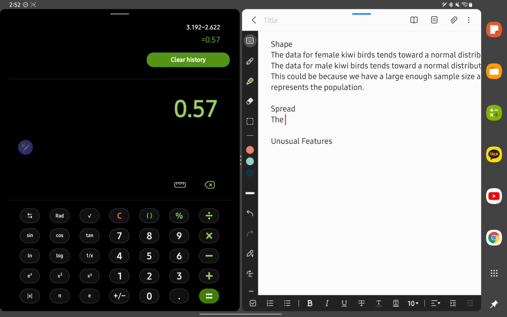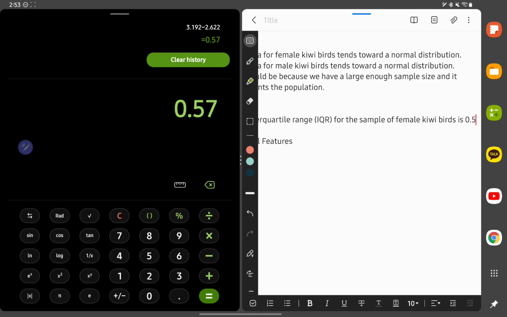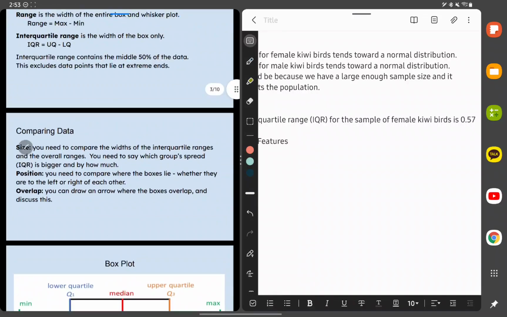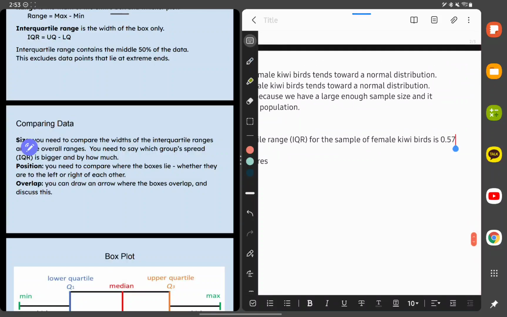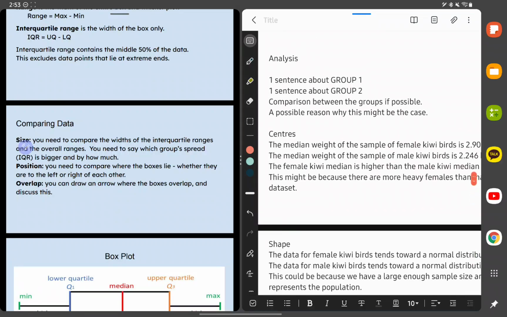We can't just say spread, but since we're being specific, the interquartile range, which we can say is IQR from now on, for the sample of female kiwi birds is 0.57. So, carrying on, you can add, yep, I'm just saying IQR now, for the sample of male kiwi birds, I'm going to push that over there, is, and then we go back here, and let's work it out.